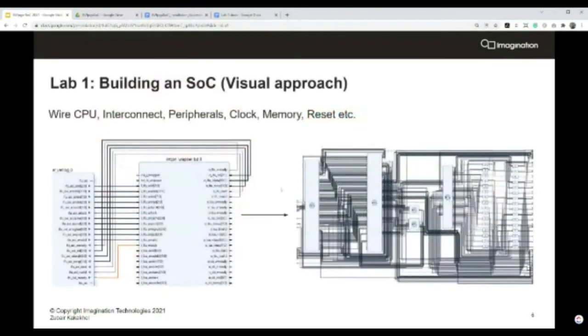To go a little bit in depth into lab one, it is the key main lab. Most of the time was spent on lab one. We walk through connecting the CPU core, adding the clock, adding the reset, adding the interconnect, adding boot ROM, GPIO, and many other components. It's very, very detailed. We go step by step, one wire at a time.